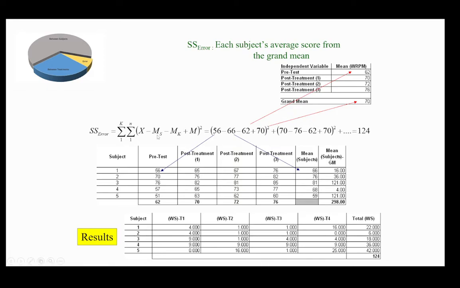So for person 1, it's 56 minus that subject 1's average of 66 minus the 62, which is the mean for the pretest, plus the 70, which is the grand mean. I have to do this funky calculation 4 times. I got to do it 20 times. Not very pretty.